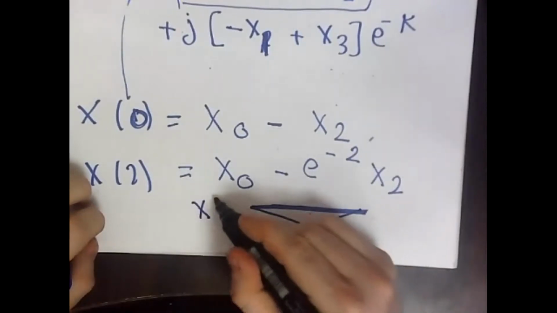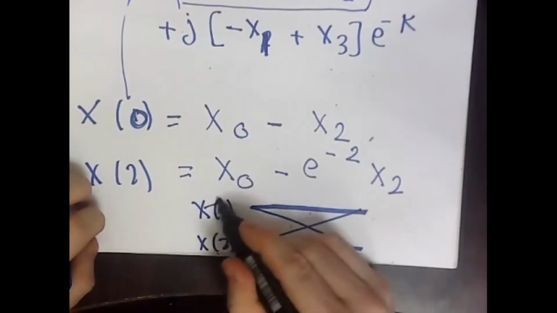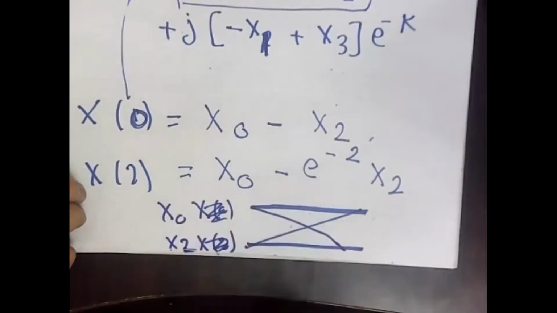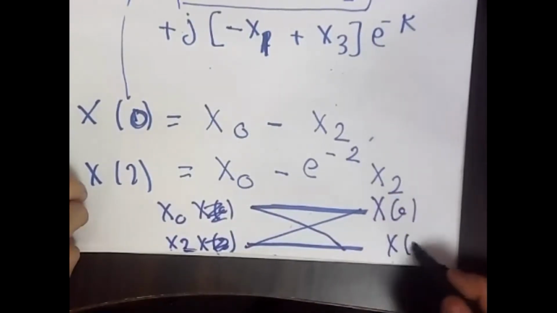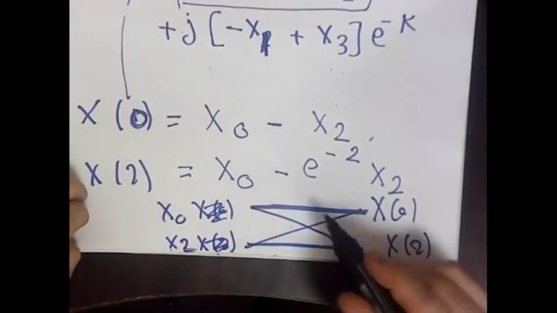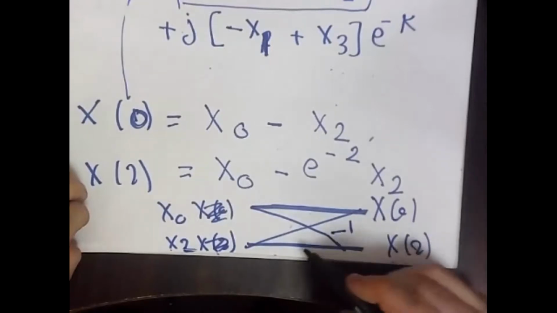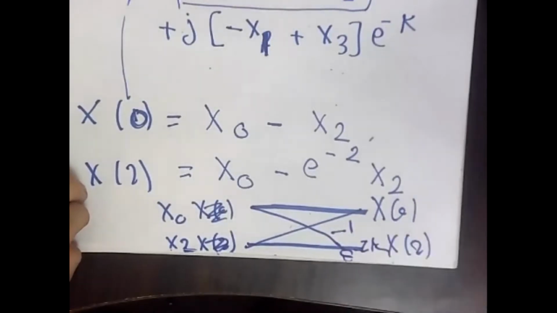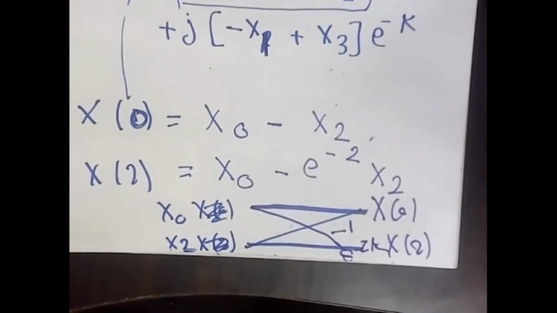Here x0 and x2 are the time domain inputs, here x of 0 and here x of 2. Here you have a multiplication factor of 1, and here you have a multiplication factor of minus 1 and e power minus 2k. So that's why we call this the butterfly model.